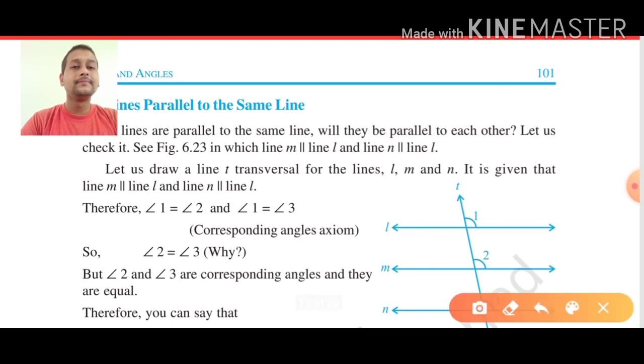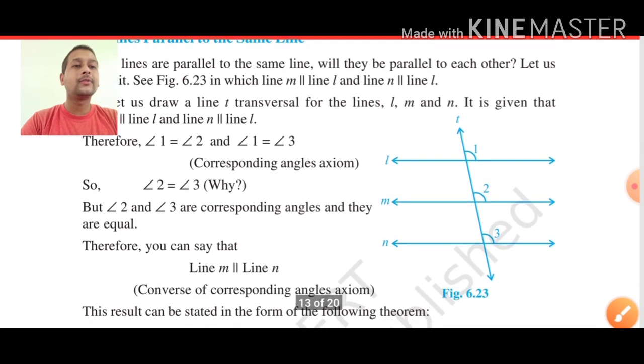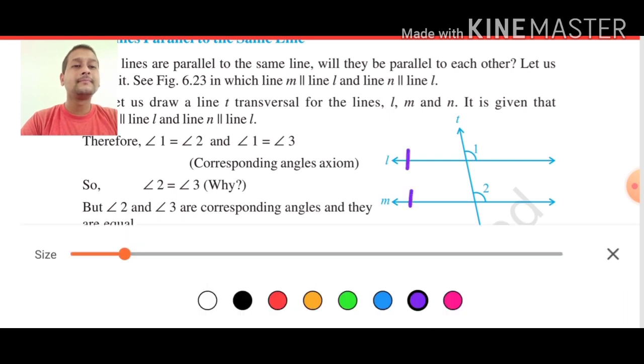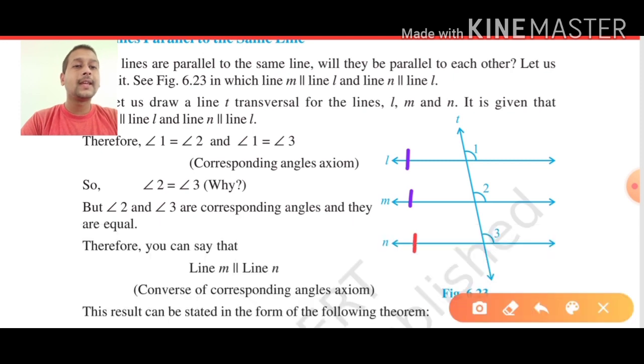They have taken M parallel to L, and line N parallel to L. So M and N are both parallel to L. This M is parallel to L, and this N is also parallel to L.